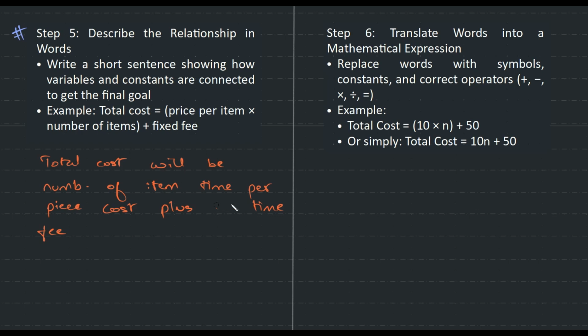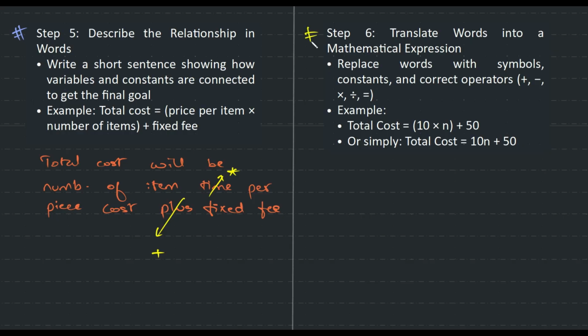Actually, I should be writing fixed fee. You can put it in terms of words. Then this will be plus, times is multiplication, and then write the mathematical expression.